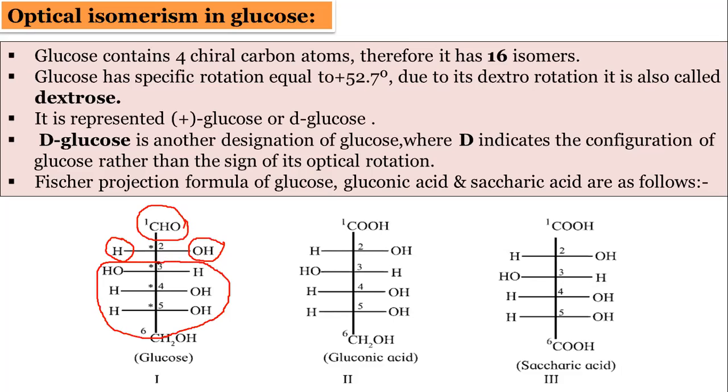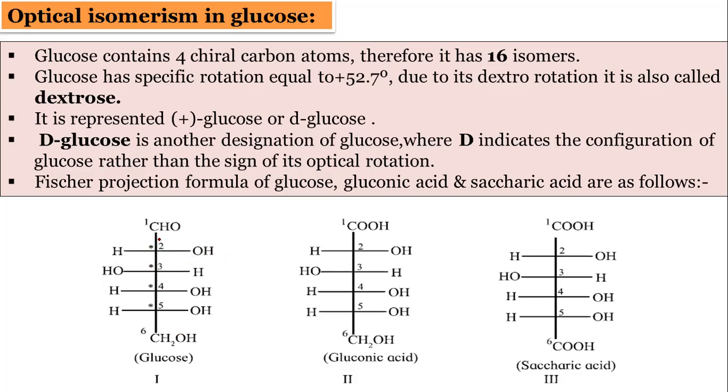So this second carbon is a chiral carbon because this is different, this is also different, this is also different, and this is also different groups. Similarly, this third carbon is also chiral, fourth carbon is also chiral, and fifth carbon is also chiral because these are attached to the 4 different groups.